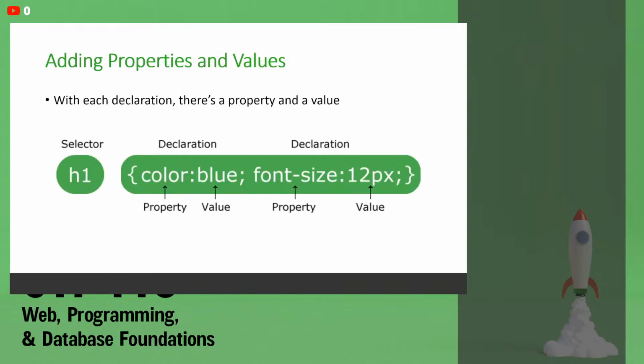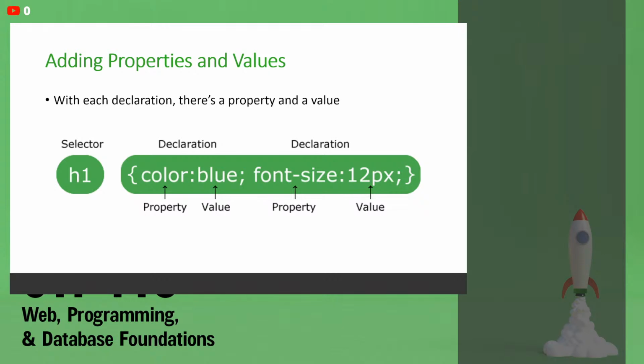So we can break this down even further, right? And so we can say that, okay, we have a selector for each of our CSS rules. We have a selector, and for each of our selectors, we have a declaration block, which is defined by an area of curly braces, an opening curly brace and a closing curly brace.